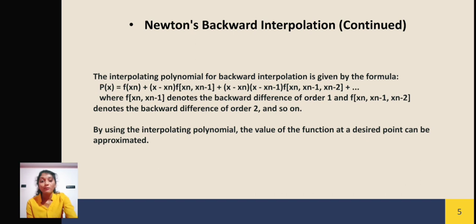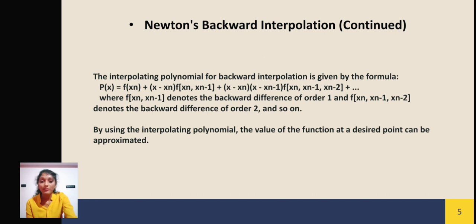So the interpolating polynomial for backward interpolation is given by the formula p of x is equal to f of xn plus (x minus xn) into f of xn, xn minus 1 plus (x minus xn) into (x minus xn minus 1) into f of xn, xn minus 1, xn minus 2, where f of xn, xn minus 1 denotes the backward difference of order 1 and f of xn, xn minus 1, xn minus 2 denotes the backward difference of order 2, and so on.